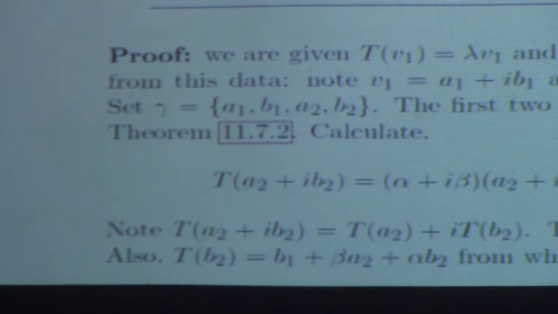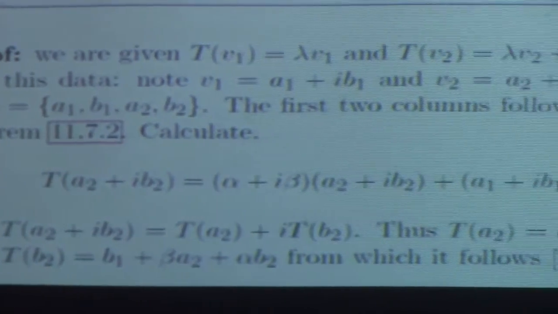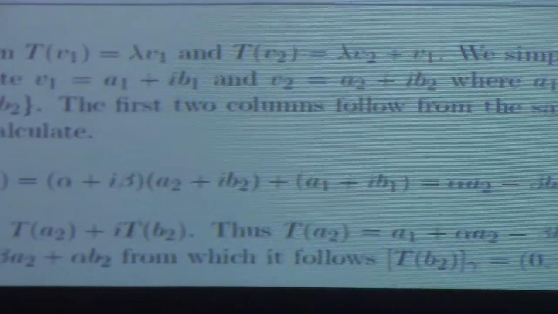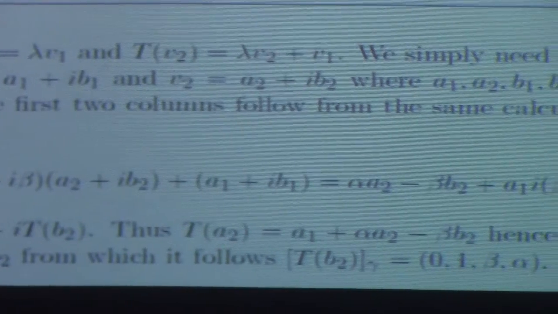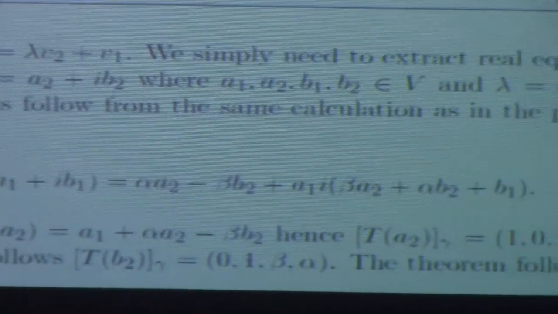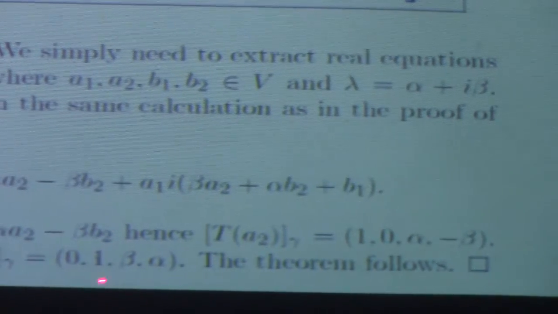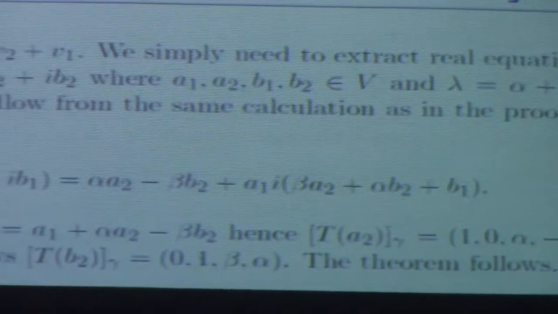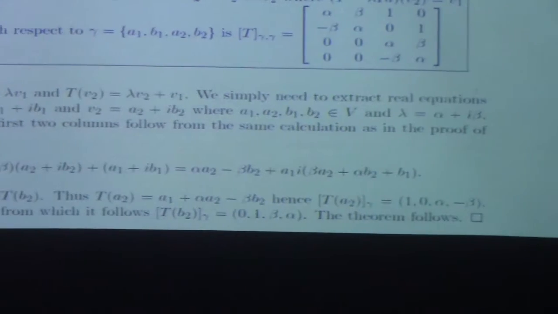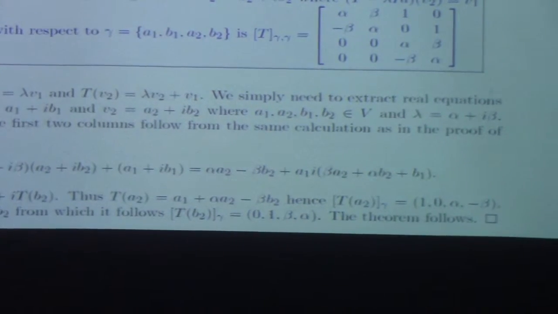Eventually you get that T of a2 is equal to that, and the coordinate vector is 1, 0, alpha, minus beta, which is this. And then if you look at T of b2, you get b1 plus beta a2 plus alpha b2, and that gives you 0, 1, beta, alpha, which is that one. So that's where these mysterious ones come from up here.